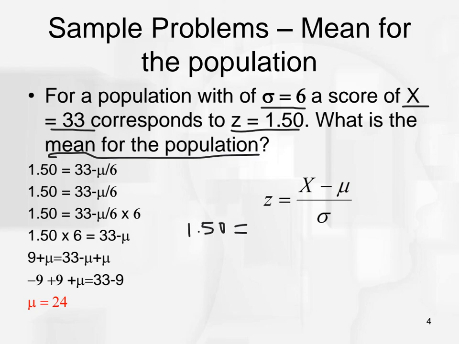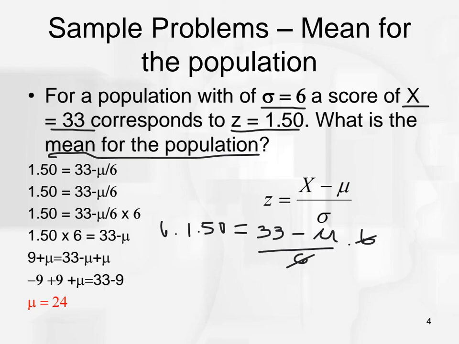We also know that in this particular case, we have our score value, which is 33. What we have as an unknown is our mu, and we have a standard deviation of 6. All right, so the first thing that we're going to do then is multiply each side by 6. So that will simply get rid of that denominator.